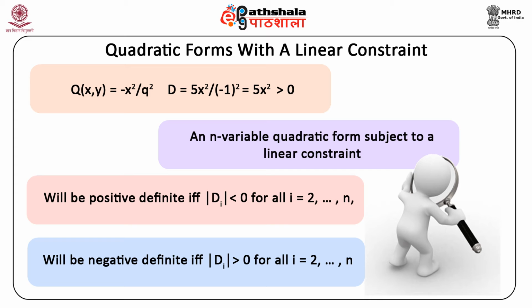That is, all leading principal minors of the bordered discriminant should be negative for Q subject to the linear constraint to be positive definite, and they alternate in sign, starting with determinant D2 greater than 0, for it to be negative definite.